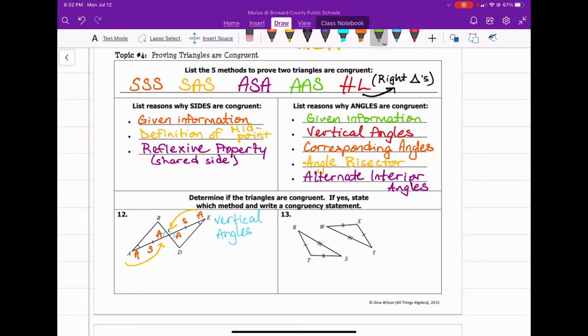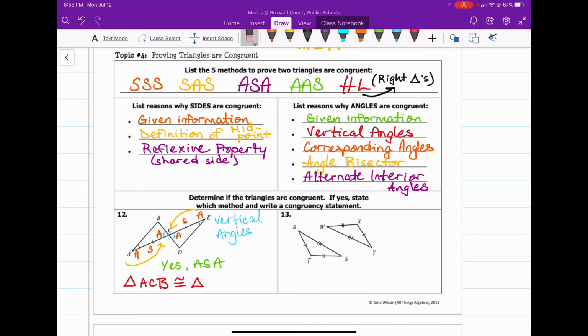So, are these triangles congruent? Yes, because of angle, side, angle. As a result, we should be able to write the congruency statement. And this is what a congruency statement is. Triangle ACB is congruent to triangle, and then I have to follow the order for the second one, ECD.